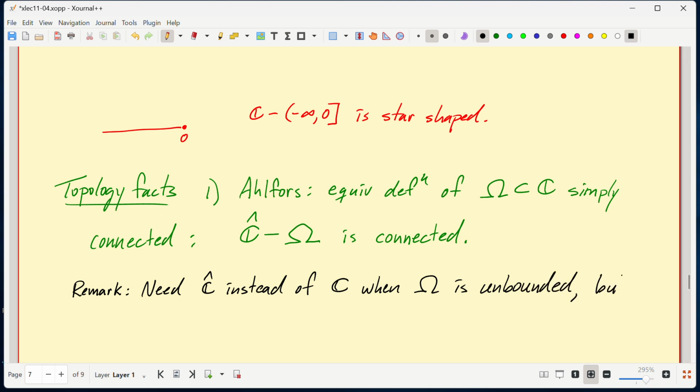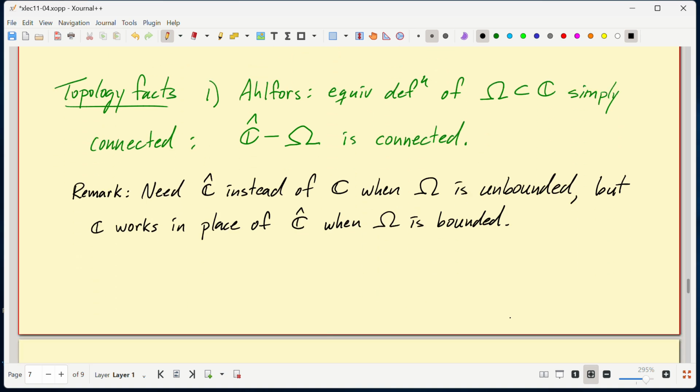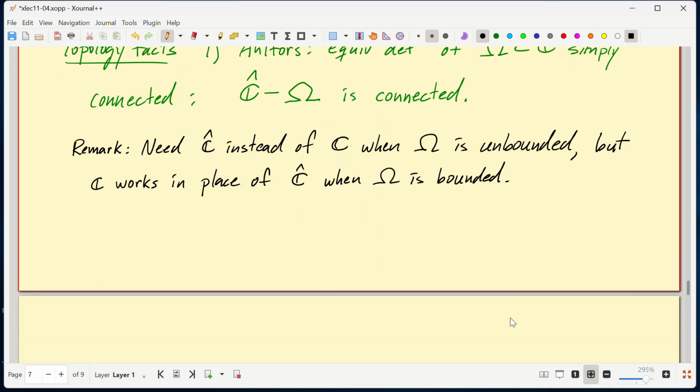But you don't need it, C works fine for obvious reasons, when omega is bounded. And maybe I have time to sketch the proof.